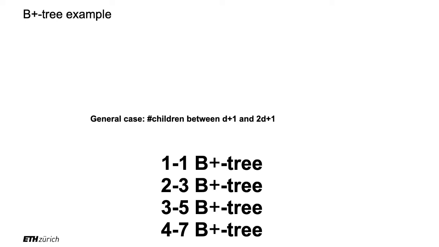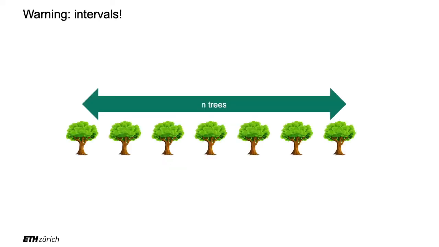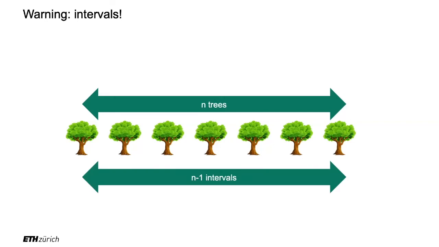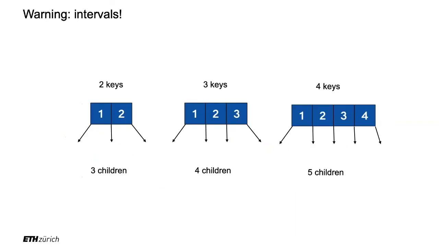So you need to make a decision when you build a B plus tree: you pick a value for D, and then you enforce the constraints on the number of children. But be careful, because the number of children doesn't mean the number of keys for comparison. If you have n trees, then you have n minus 1 intervals. For example, here, how many trees? 1, 2, 3, 4, 5, 6, 7 trees. How many intervals between the trees? 6, 7 minus 1, right? So be careful about that.